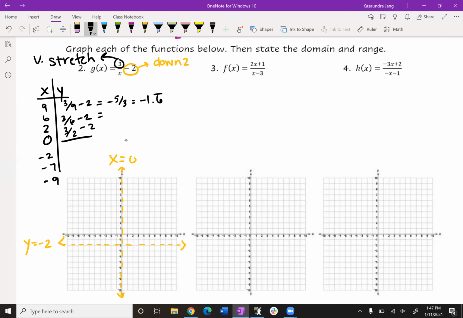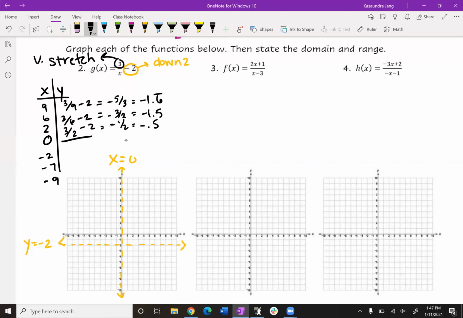My 3/6, that's like a half minus 2. It's like a -3/2. Or you could do like a -1.5. All right, 3/2 minus 2, it's like a 1.5 minus 2. So it's like a -1/2 or a -0.5.